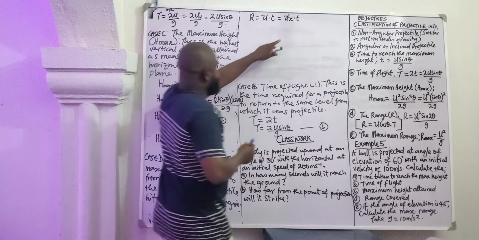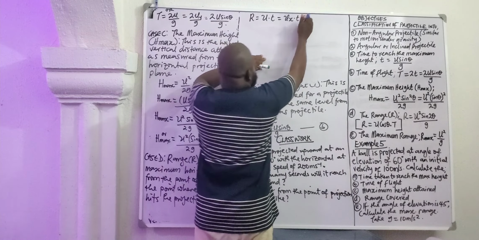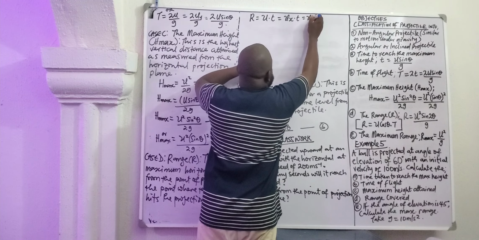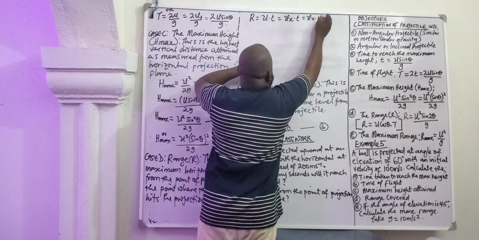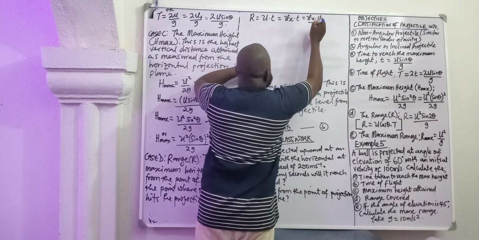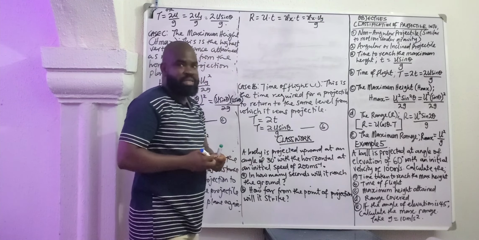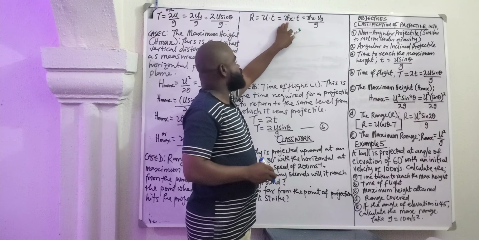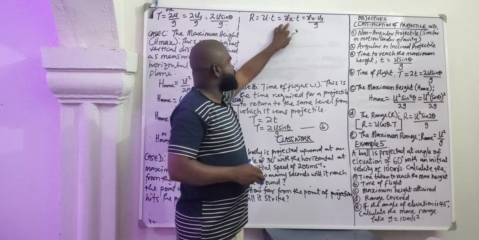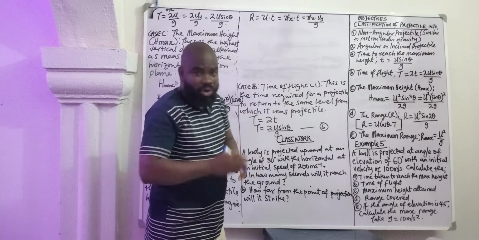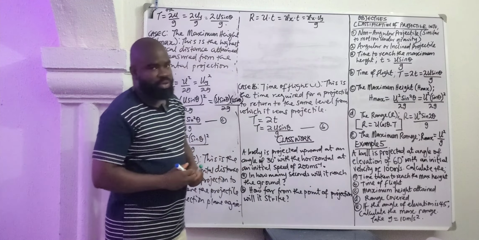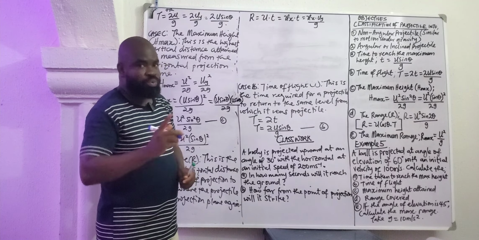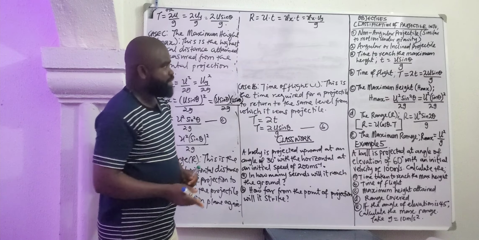And now we have known here that that t is actually uy over g. And I mentioned it in that class. So you see the reason now why you have to distinguish this u in range, that this velocity is actually the horizontal component of velocity, which is not zero, which is not affected by gravity.